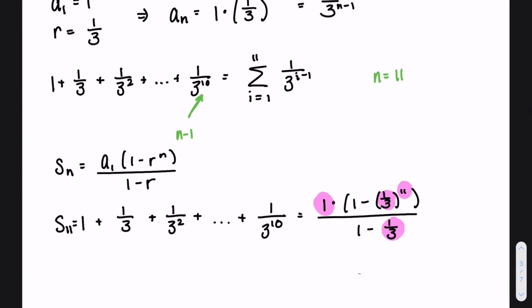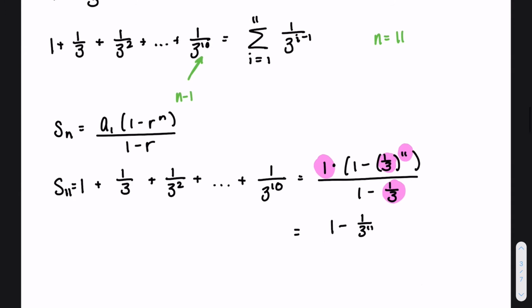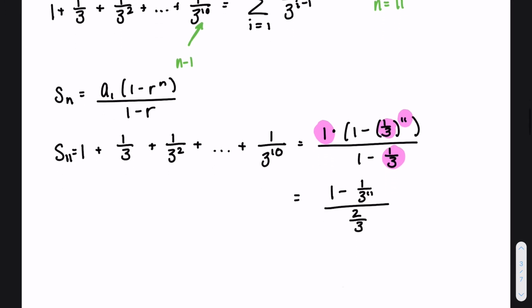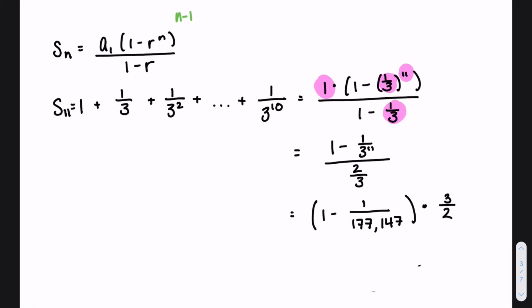So now we just need to go through simplifying this. You could just plug it directly into a calculator, but I'll show you how to simplify it by hand as well. This is going to equal 1 minus 1/3 to the 11th in the top. In the bottom, that becomes 2/3. If you do 3 to the 11th, you're going to see that's 177,147. Dividing by 2/3 is the same thing as multiplying by 3/2.